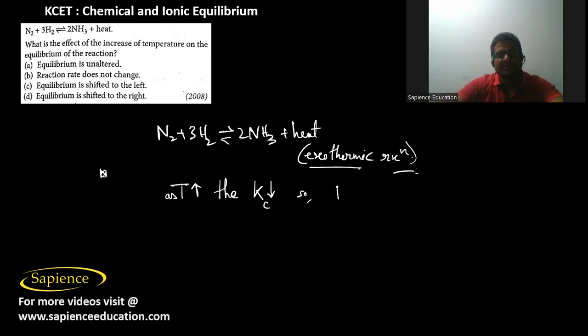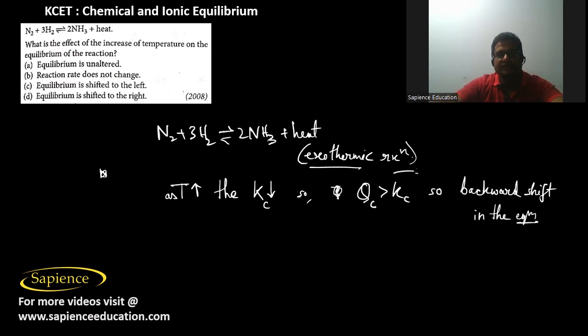So when temperature increases, Kc decreases. So it means that now Qc will be greater than Kc. If Qc is greater than Kc, there will be a backward shift in the equilibrium.